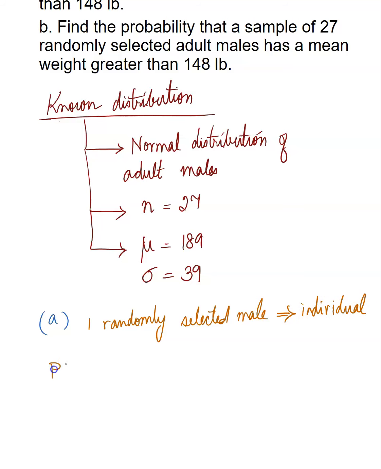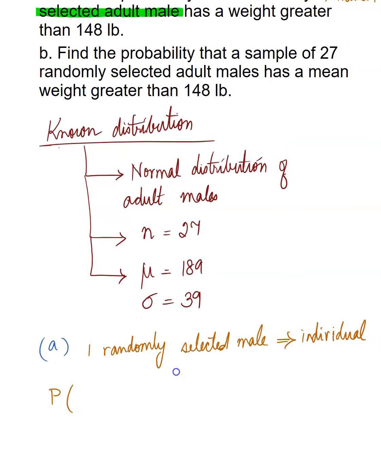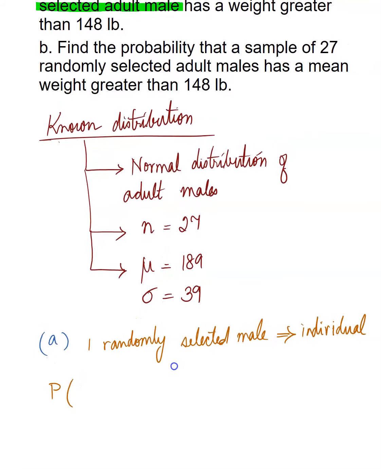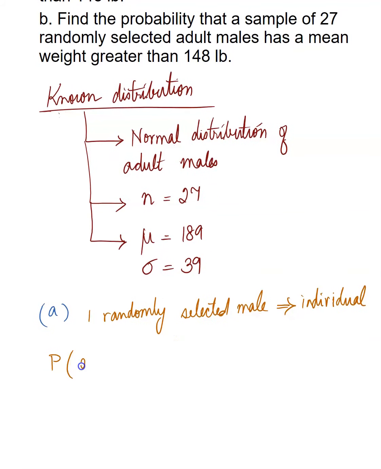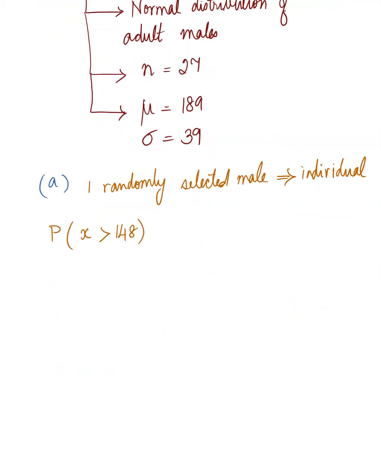So then our probability that this one individual has a weight greater than 148 pounds can be written as X, not X bar. It's an individual. So X greater than 148 pounds. So we're trying to find P of X greater than 148 pounds. Okay, let's use the calculator.